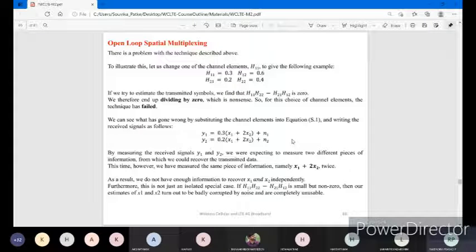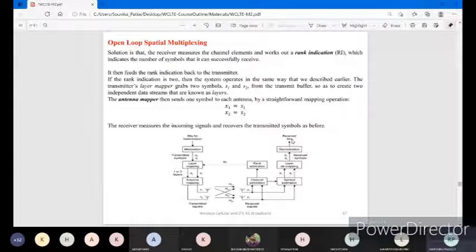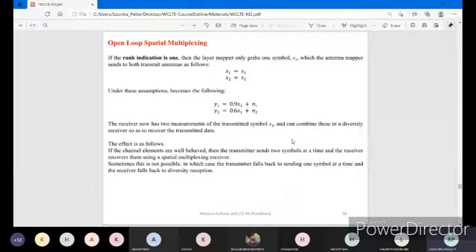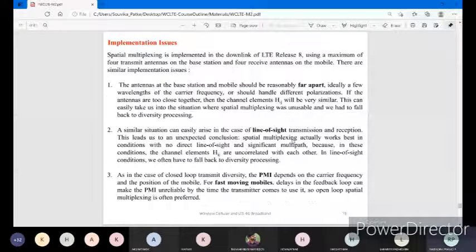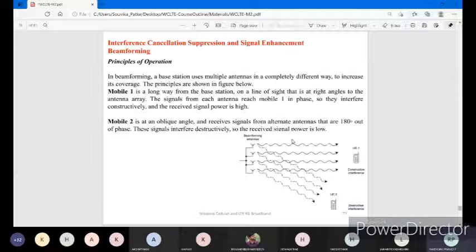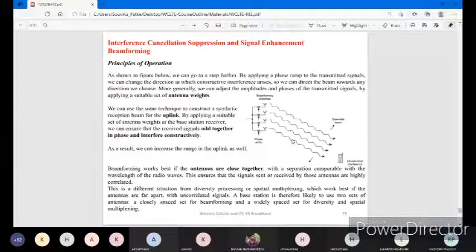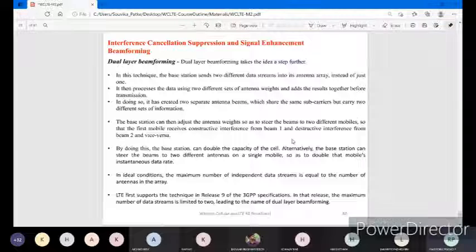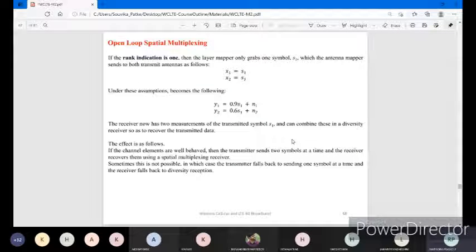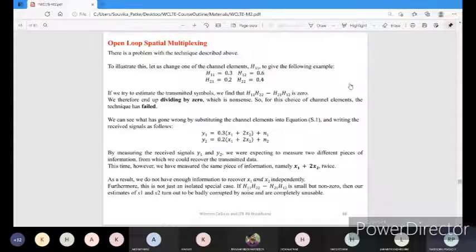So open loop problem we will be discussing: open loop spatial multiplexing, then closed loop multiplexing, then matrix representation, then implementation issues, interference cancellation, and choice between diversity and spatial multiplexing. These are the four topics which have been left out, and we will be covering them in the next class.